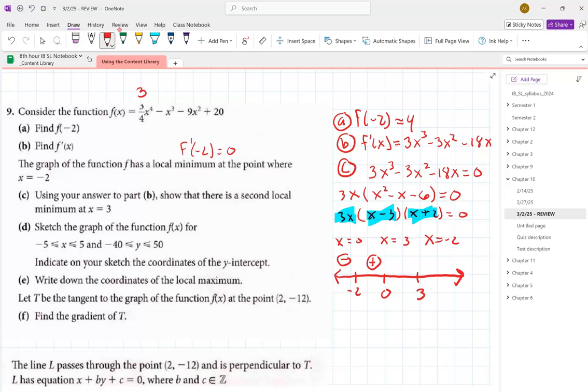If I plug in positive 1, I'd have positive times positive. If I plug in, say, positive 4, I'd have positive times positive. So I should say x equals 3 is a local minimum because it's changing from negative to positive.